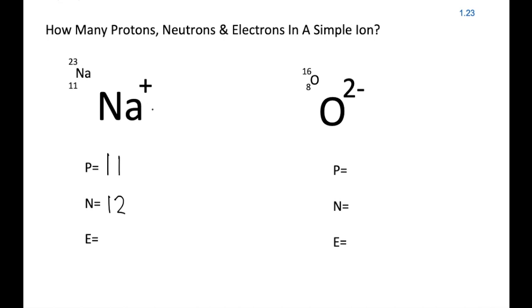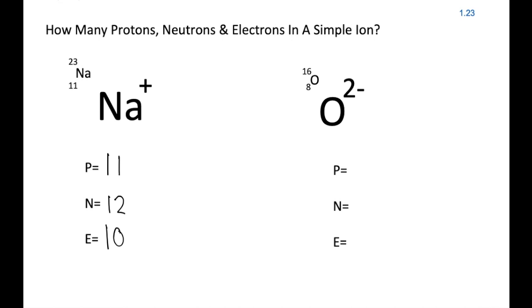In this case, the charge is positive, so we will take 1 away from 11, which is obviously 10. So this ion has 10 electrons, which makes complete sense. We've got 11 positive subatomic particles and 10 negative subatomic particles. So we have an imbalance of these charged particles within the atom, resulting in an overall positive charge.